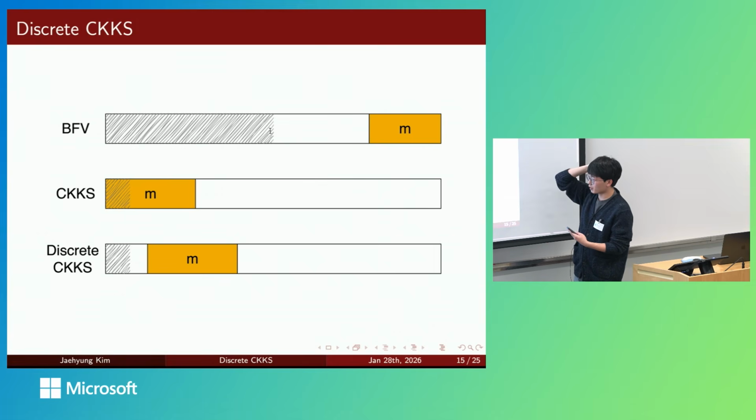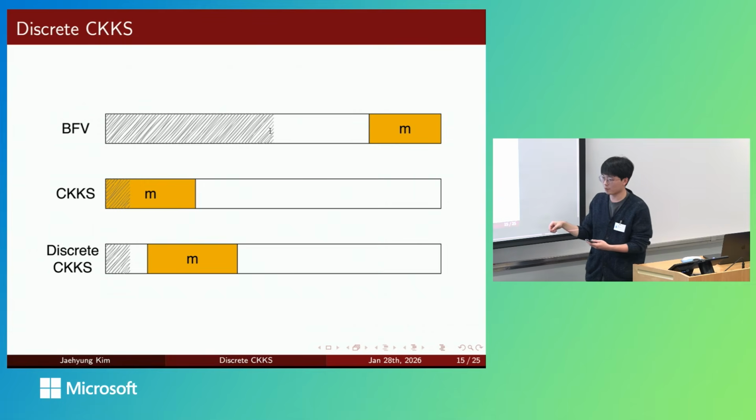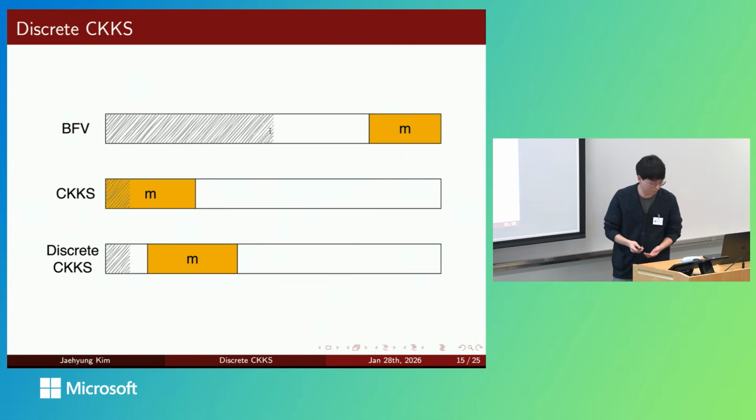But the next scheme I'm going to talk about is discrete CKKS, which can be regarded as some kind of hybrid between the two, in the sense that you put the message somewhere between LSB and MSB, but you still have a clear separation between message and error, so that you can achieve some kind of exactness.